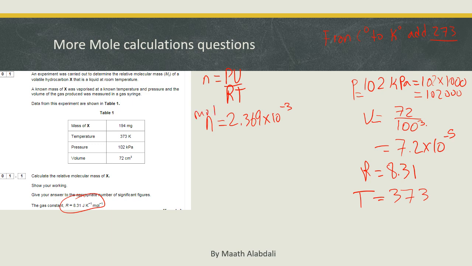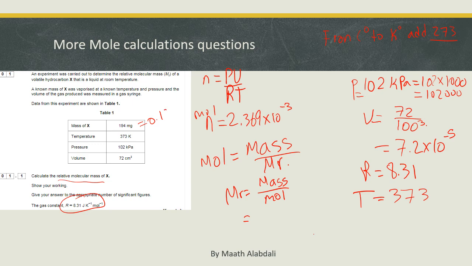But in the question, we have to find the Mr. We know that moles equal mass divided by Mr, so Mr is mass divided by moles. The mass is given in the question, but it's given in milligrams, and we have to convert it into grams. So divide by 1000, which is 0.194.